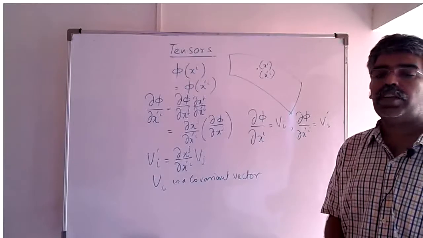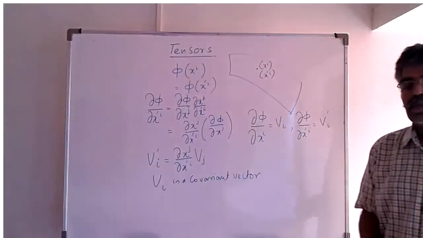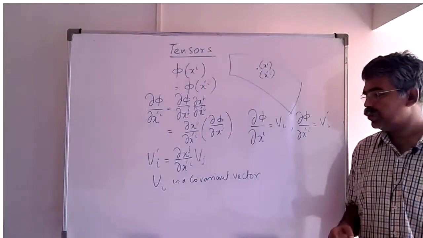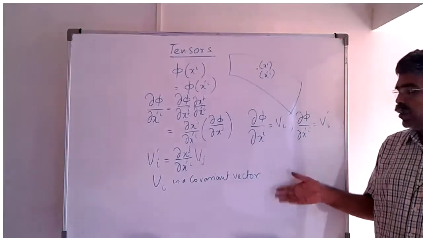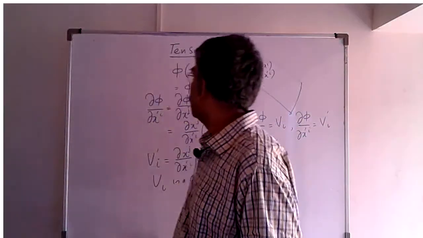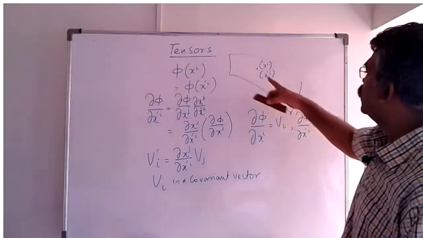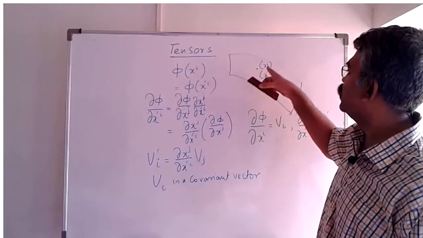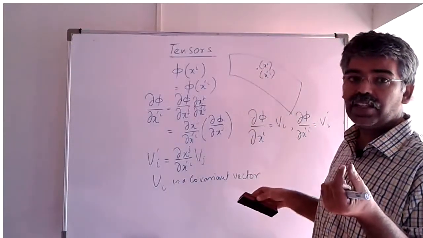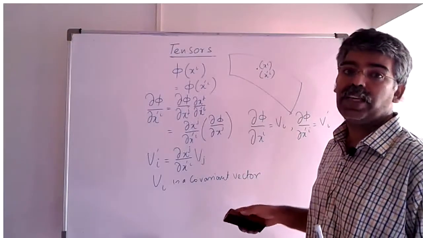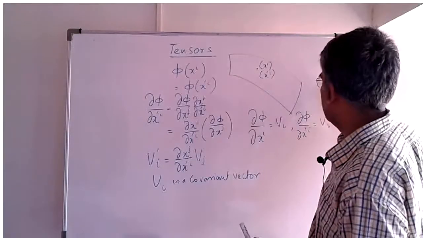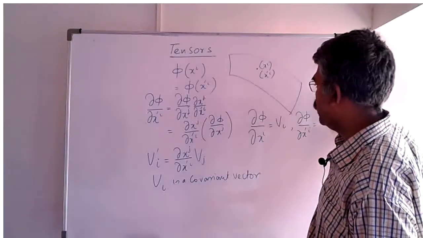Then what's a contravariant vector? Okay, first take note of this. This is a covariant vector. Then what's a contravariant vector? This xi is a label, it is not a vector. But if I take a change in xi, it's a displacement. Displacement is a contravariant vector. How does that change? Let's see that.